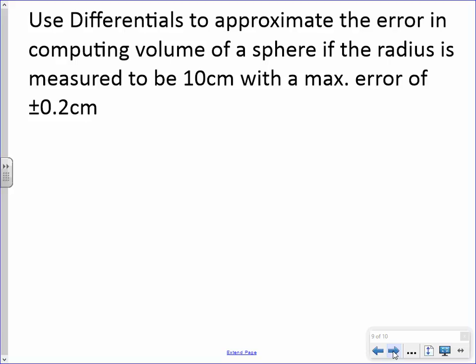We know the radius, and we don't want an error larger than 0.2. Okay, so write down what you need to. I wouldn't write down every single word up there, but we're approximating the error of the volume when our radius is 10, and we don't want an error larger than 0.2 centimeters.